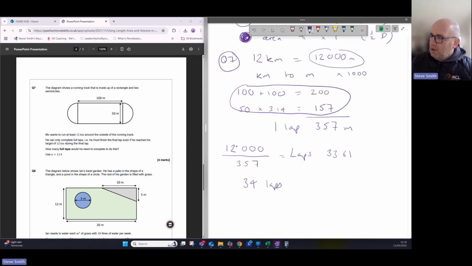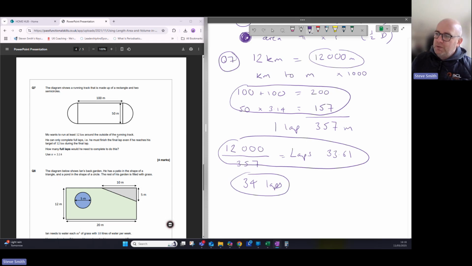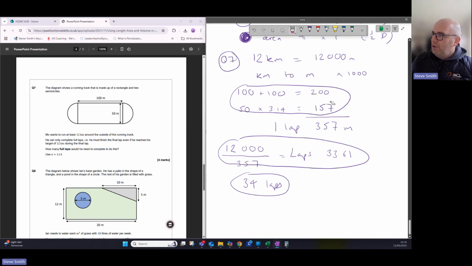And then you get another mark for working out that. And then you get the final mark for rounding it up because you're reading back in the question to see it's in bold, full laps. So you're getting your 1, 2, 3, 4 marks for your calculations.